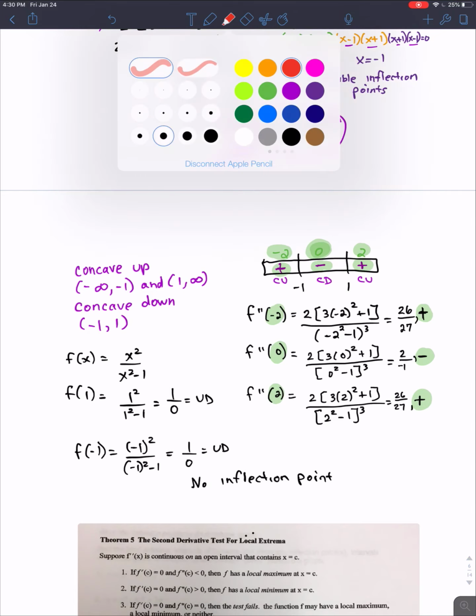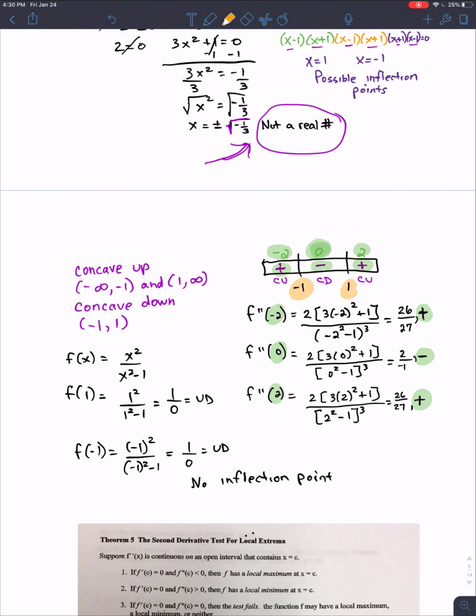That means that for sure these are changes in concavity. But when we plug those back in, it's undefined. So when you ask what is f at 1 and what is f at -1, you're going to get undefined. So no inflection point.